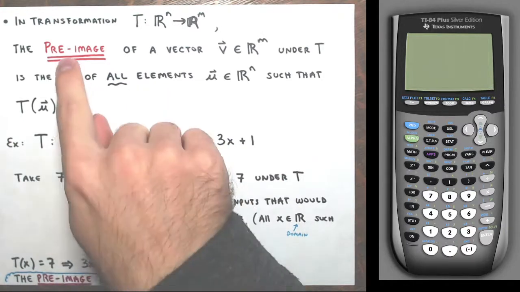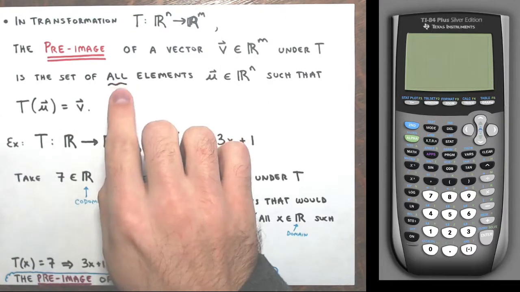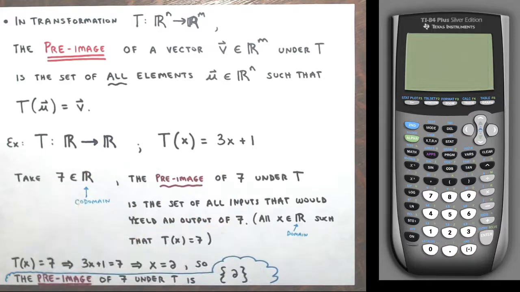So the pre-image of some output is all of the inputs that have that output as an image. Alright, if that makes sense from the previous page. This can be a bit confusing, so I'm hoping I have a few more examples of this pre-image notion.